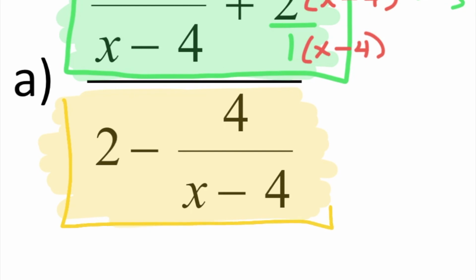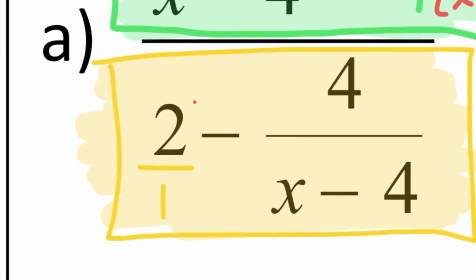So in the big denominator here, I have a fraction that has 4 over x minus 4, but it's a subtraction problem. And this 2 is also over 1, and so I need to multiply by x minus 4 here and times x minus 4 here.